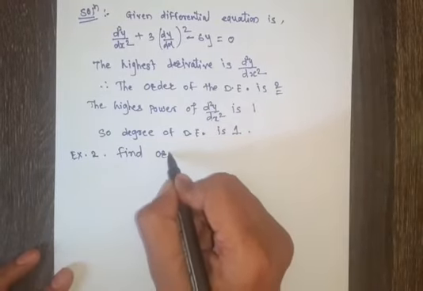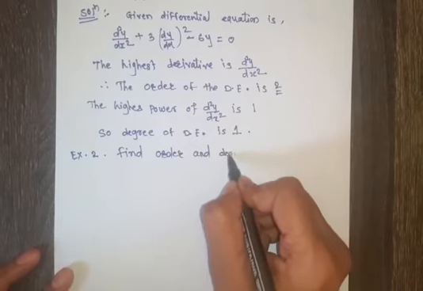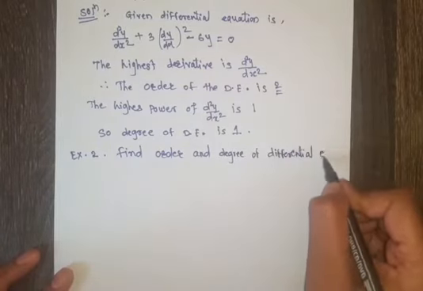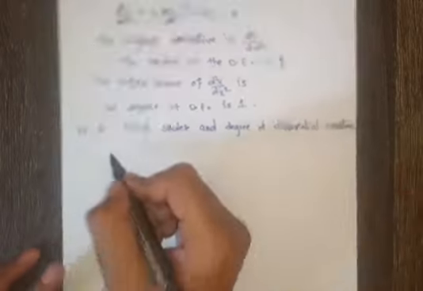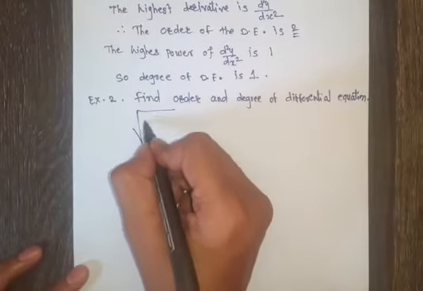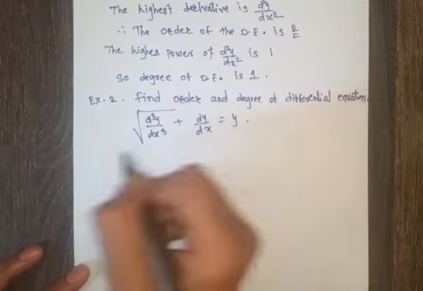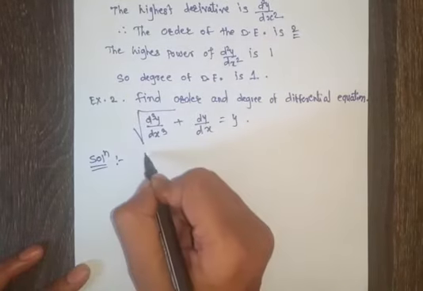Now example second. Find the order and degree of differential equation under the root d cube y upon dx cube plus dy by dx is equals to y.